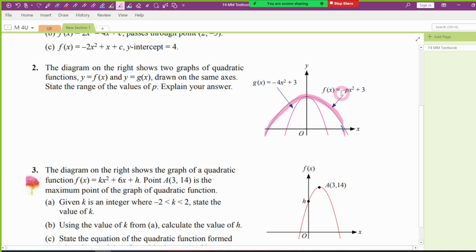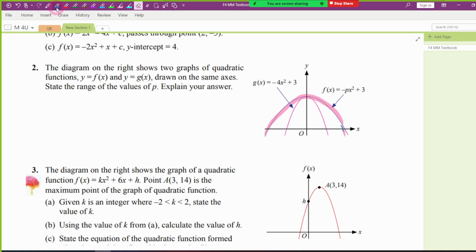Now, the question wants us to state the range of p, right? So you try to look at this graph. This graph is actually wider compared with this graph, right? So from here, we know that the value of p is actually smaller than 4.